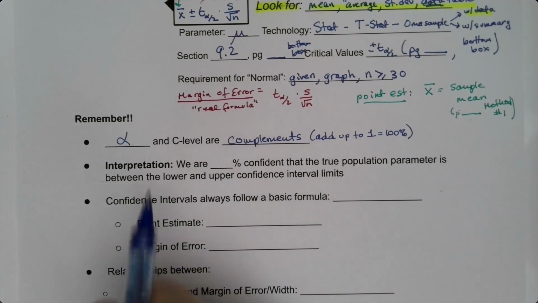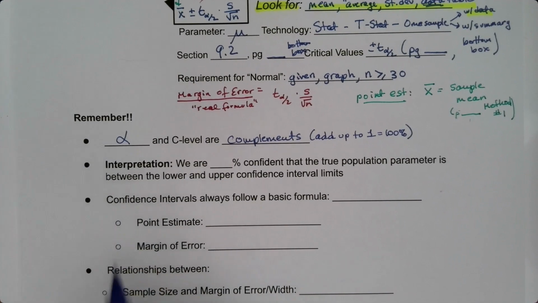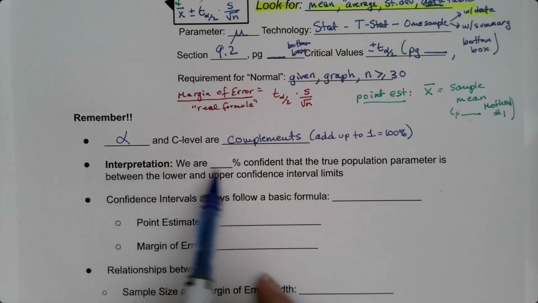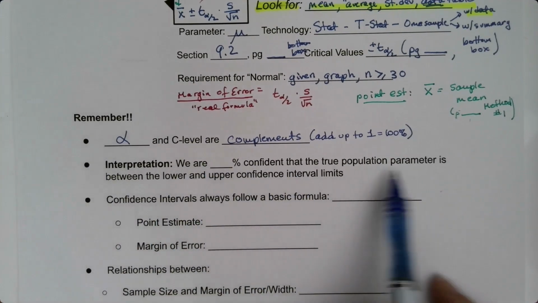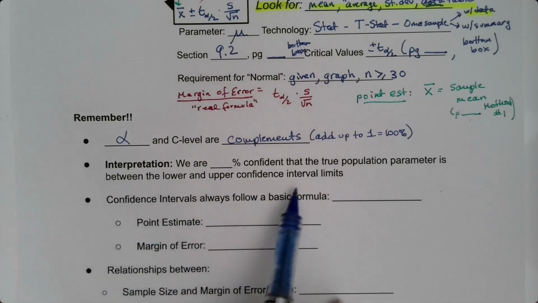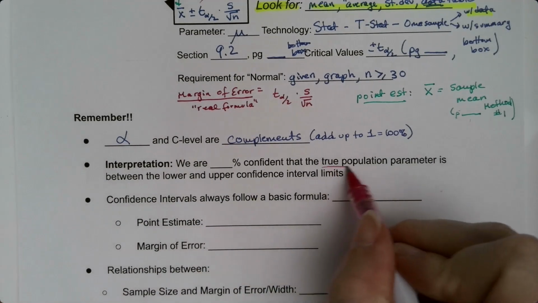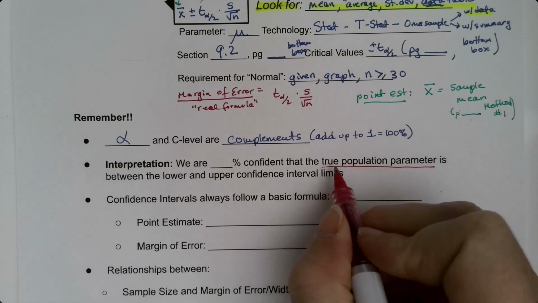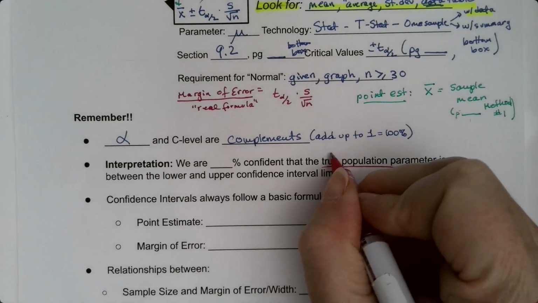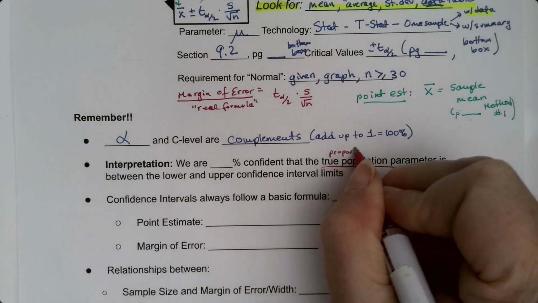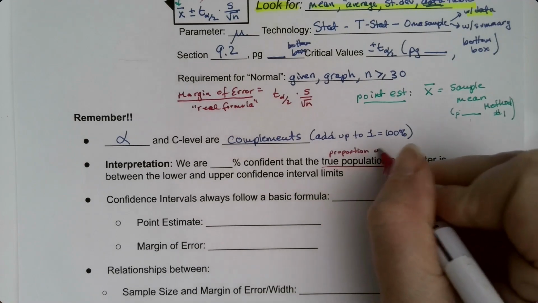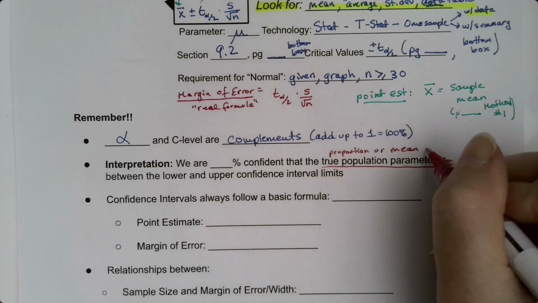Next, the interpretation. The way this always works is we are whatever confident that the true population parameter is between the lower and the upper confidence interval limits. So you'll say between the lower and the upper. The hard part is that true population parameter business, because that could mean proportion or it could be mean, and it has to have context.